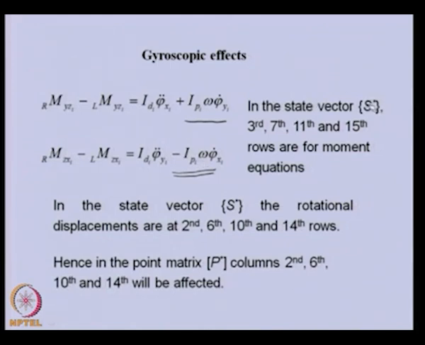In the previous lecture I explained how we should stack the state vector if we are considering damping or the gyroscopic couple, and I mentioned that the state vector will have a size of 17 into 1.